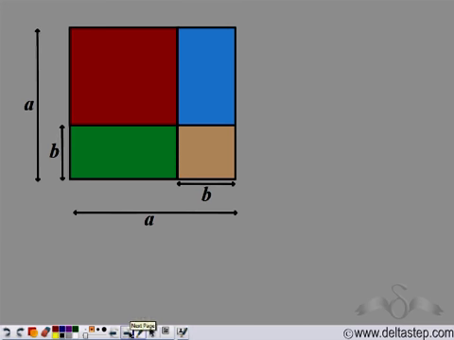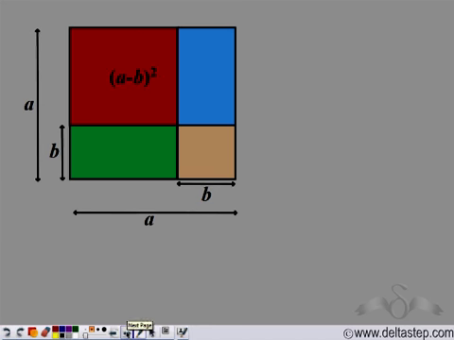Now this area is a square. This side is a minus b. This side is a minus b. This side is also A minus B. So this is the square of side A minus B, and hence its area is A minus B whole square.